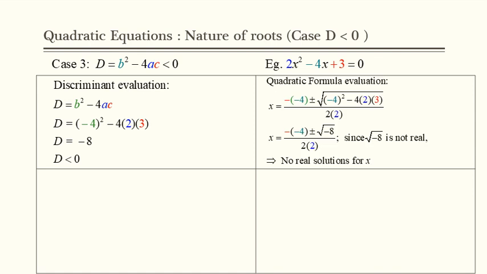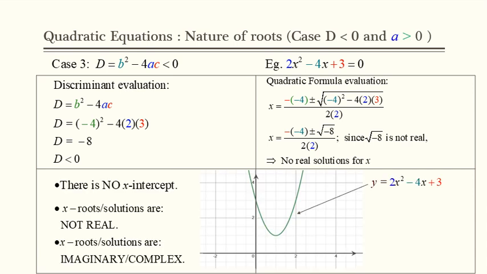In this case, the quadratic formula has a negative value under the square root. Since the square root of a negative number does not produce a real value, there is no real solutions for x. Graphically, the function will be entirely above the x-axis. There is no x-intercepts at all.